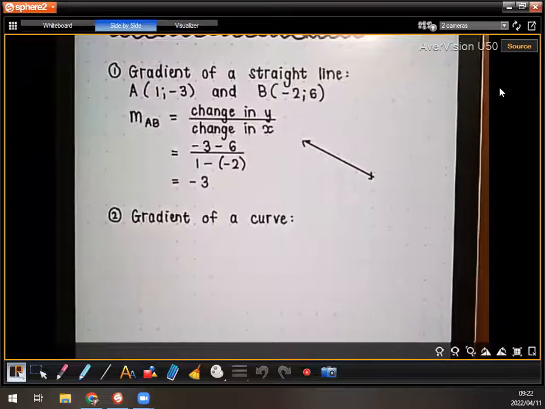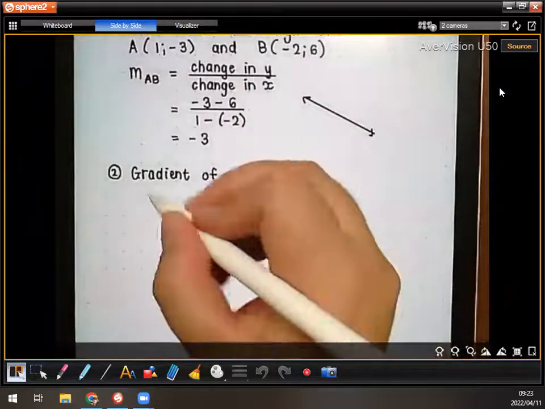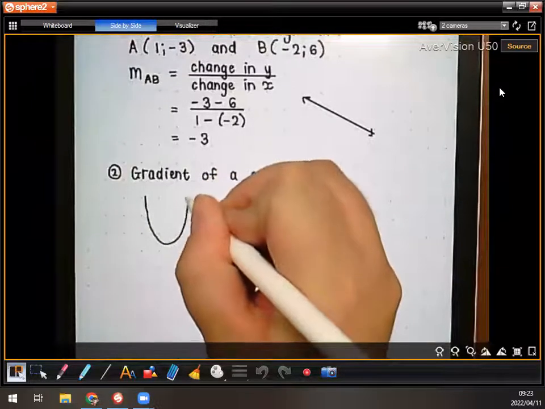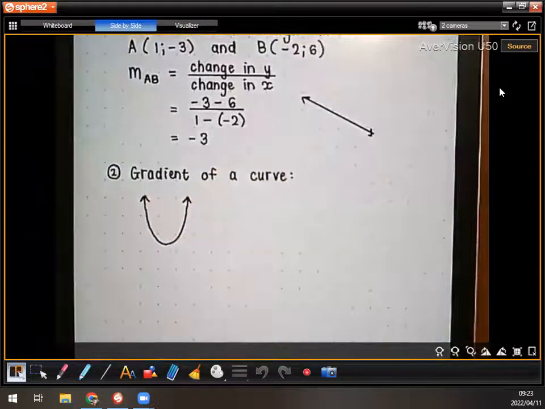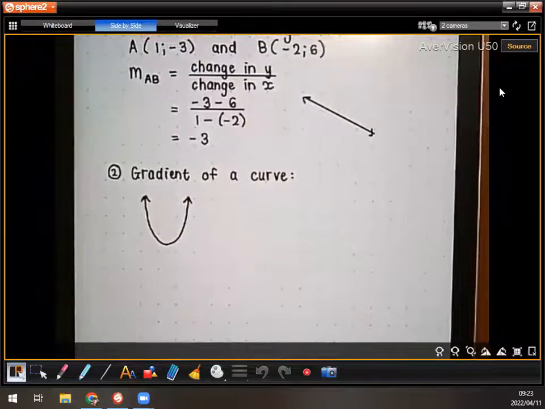But what happens with a curve? Let's take, for example, a parabola. Just a very rough sketch of the parabola. We're going to put it on a Cartesian plane.